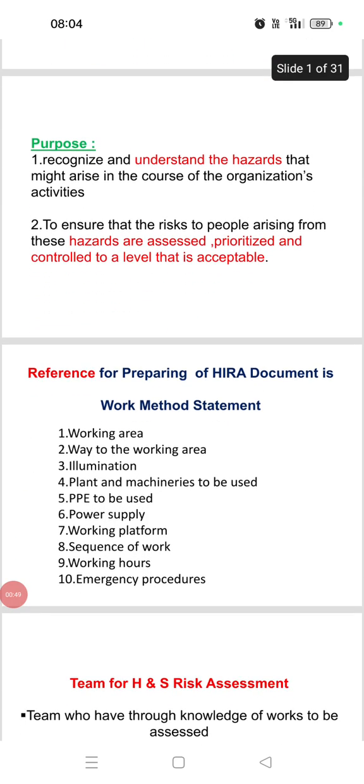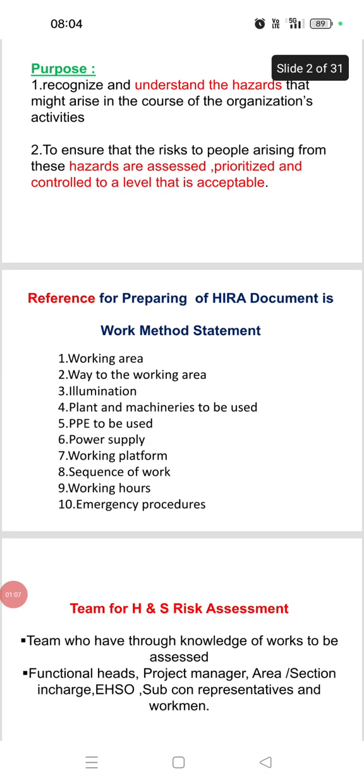What is the document we have to refer to before preparing? We have to refer to the work method statement. What will be there in the work method statement? We will have the work details about the working area, the access and egress to the working area, the illumination level provided there, what plant and machineries we are going to use, what PPEs we are going to use, and what type of power supply we are going to use.